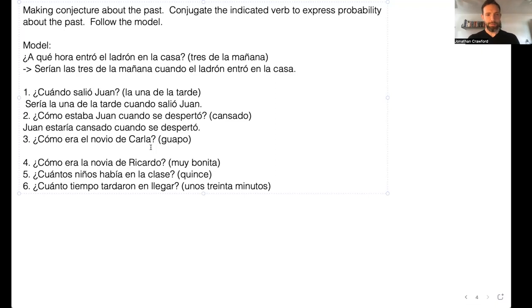All right, so, ¿cómo era el novio de Carla? We say guapo. So we're going to say ser guapo. And there's a couple of different ways you could write this, but this element would have to be there. Sería guapo.